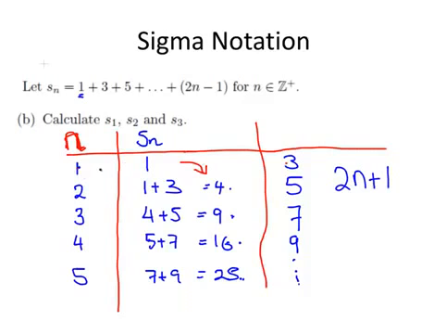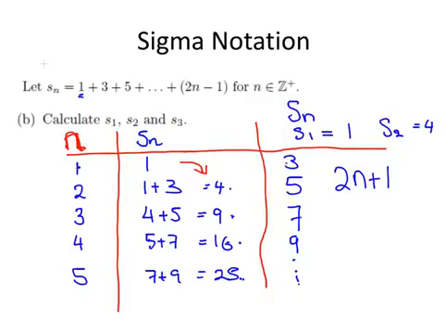So when n is equal to 1, S of 1 is 1, S of 2 is 4, and S of 3 is 9, and so on.